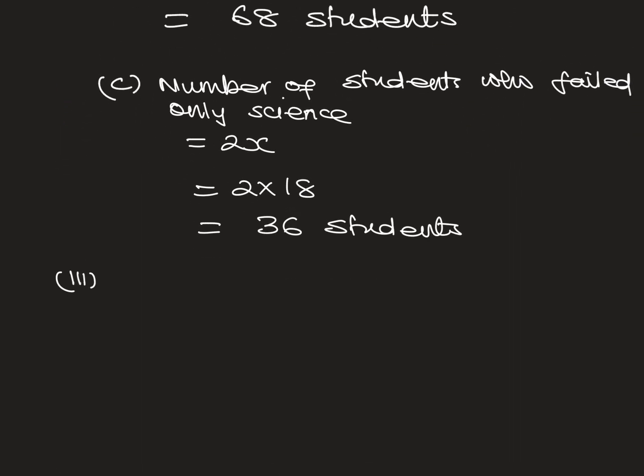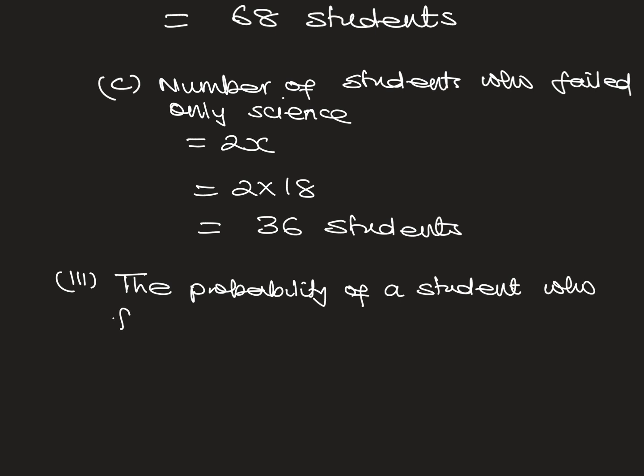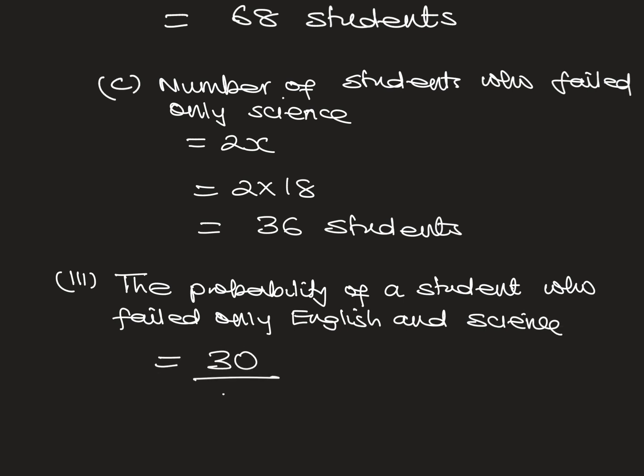Question 3. The probability of a student who failed only English and science, that will be 30 over 150, and 30 over 150, if you simplify that, you will have 1 over 5.